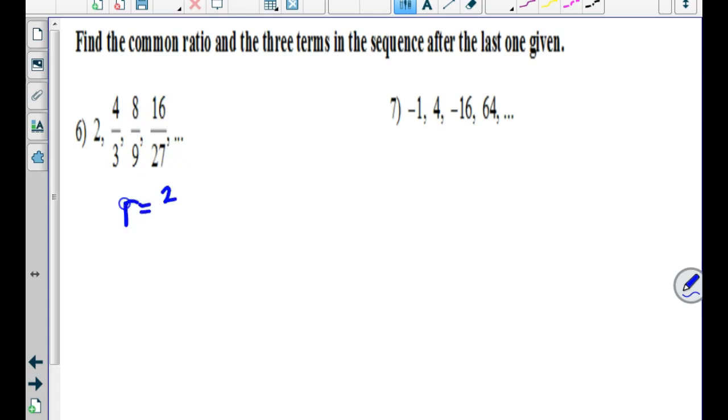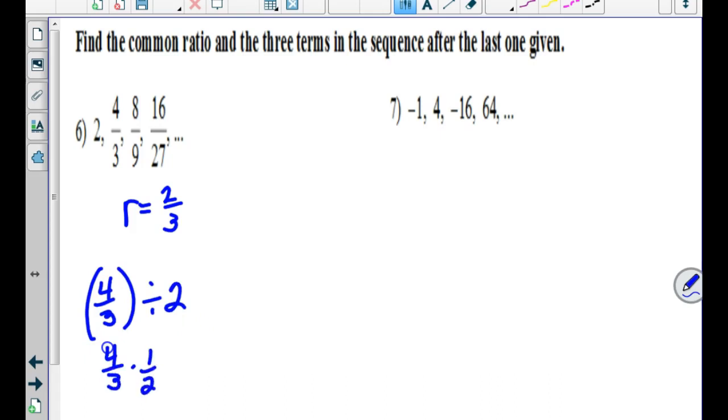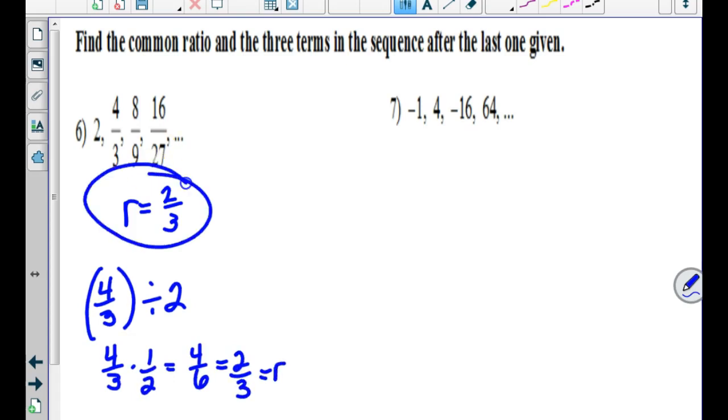So I'm thinking r is 2/3. Or you could take any term, divide it by the previous term. If you did this, you'd get the same r. Okay, so however you want to find it, we got it. Now how do we find the next 3 terms?